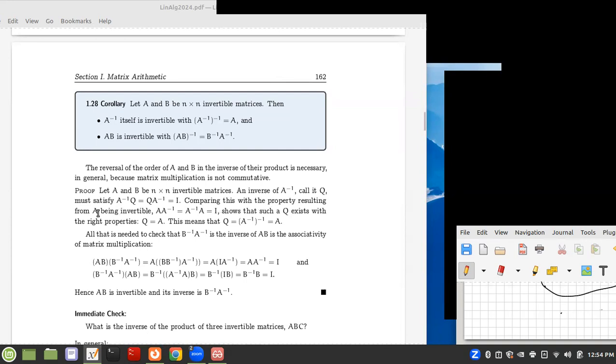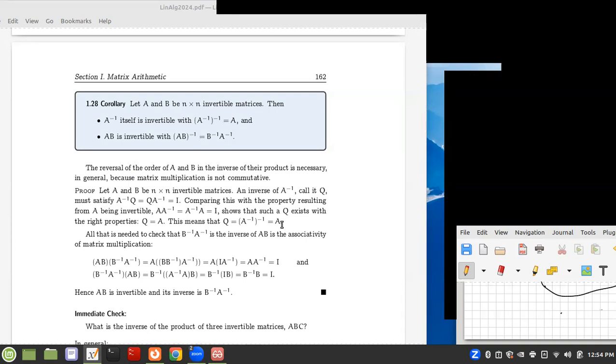Comparing this with the property resulting from A being invertible shows that such a Q exists with Q equals A. Now, since there's only one matrix that satisfies this because the inverse is unique, we know that the inverse of Q is equal to A.